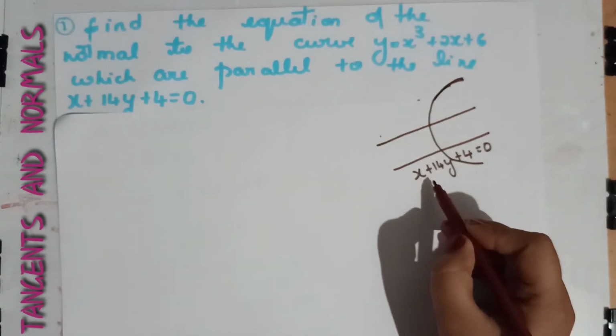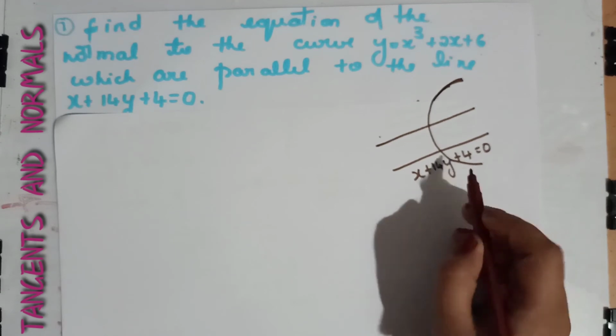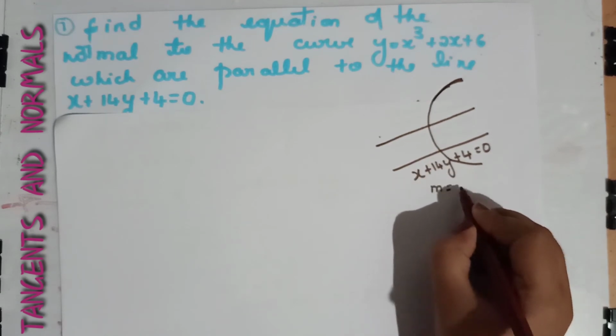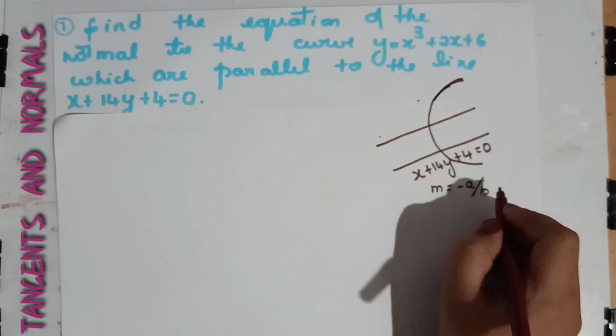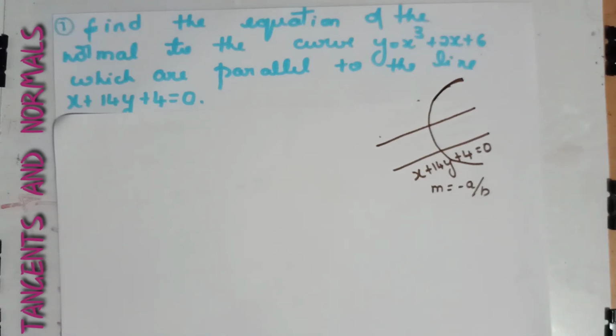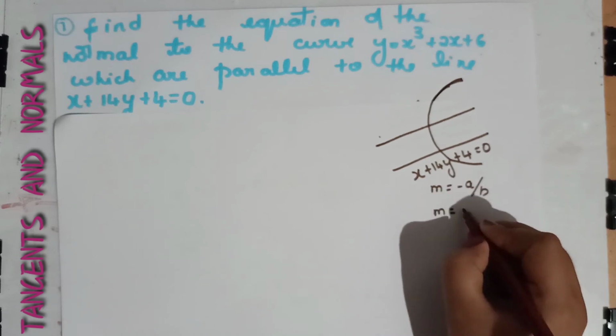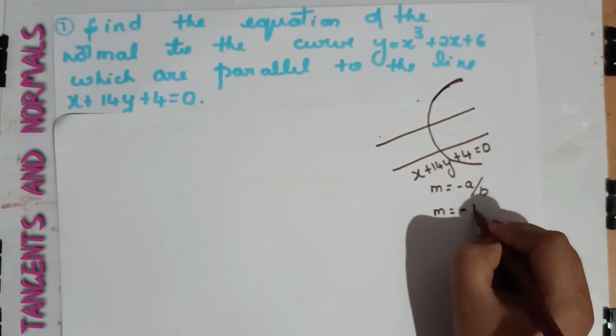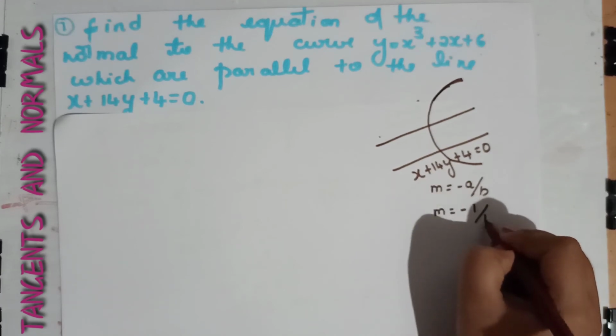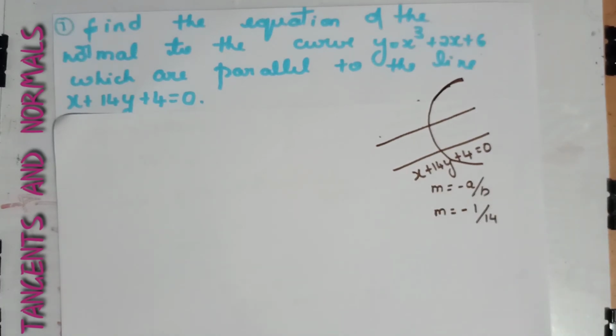Now you know m is equal to minus a by b will be the formula to find the slope of the line. So m is equal to minus of a is 1 by b will be 14. So m is equal to minus 1 by 14.